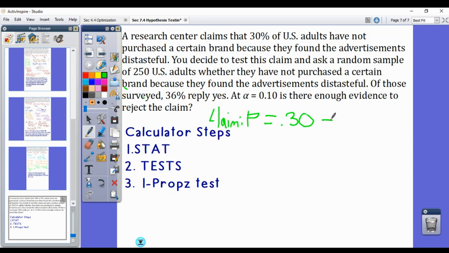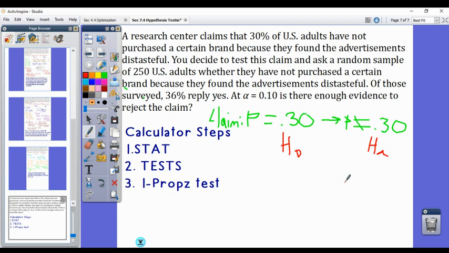So the complement of that is going to be P is not equal to 0.30. My null hypothesis is my claim, and my alternative is the complement.